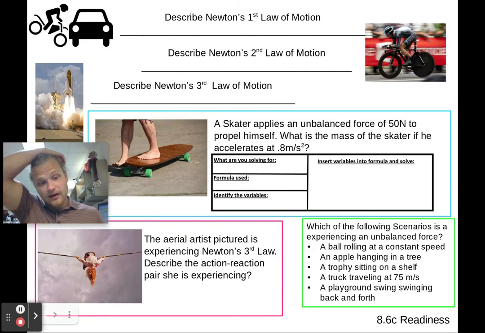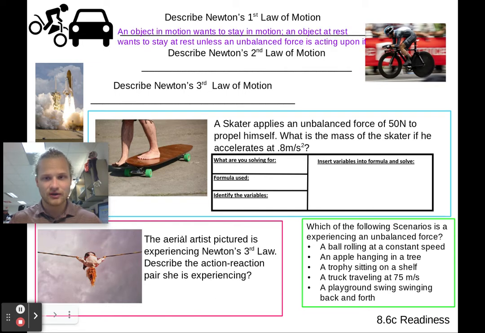Now let's talk about the different laws of motion, Newton's laws. Okay, so Newton's first law. Objects at rest tend to stay at rest. Objects in motion tend to stay in motion, unless acted upon by an unbalanced force.